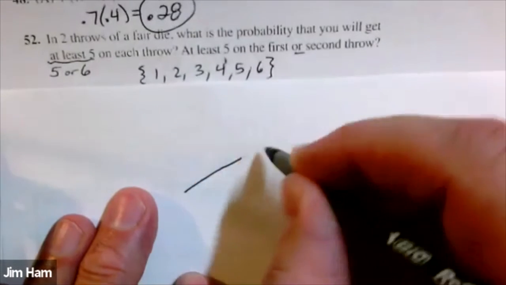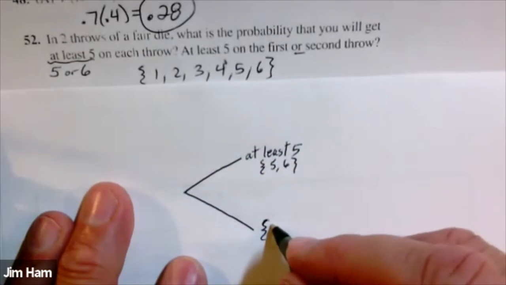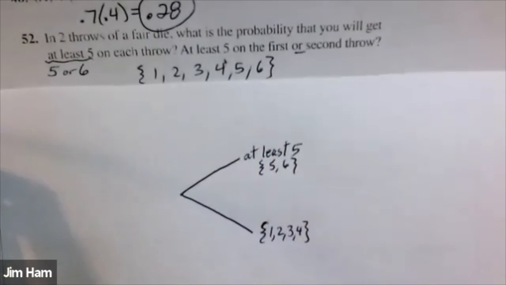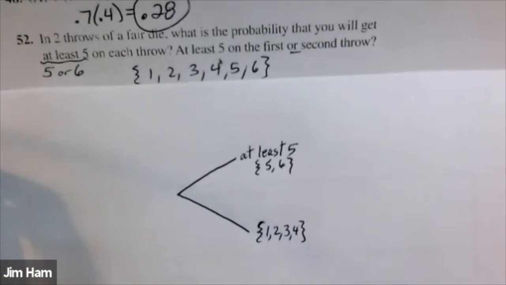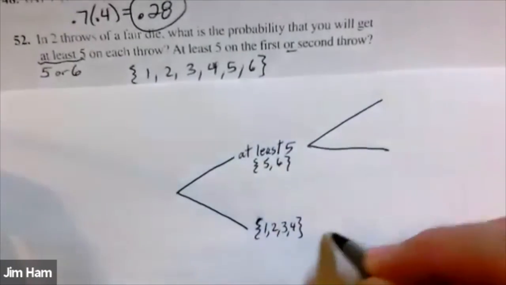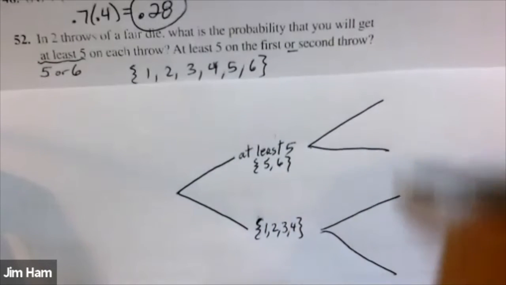Tree diagram, at least 5. All right, so that means 5 or 6. And these outcomes here would be 1, 2, 3, or 4. Now we're going to do this twice. And so in building the tree diagram, we have to bring out another set of branches coming out of both of these here. So we've got the first toss and the second toss.